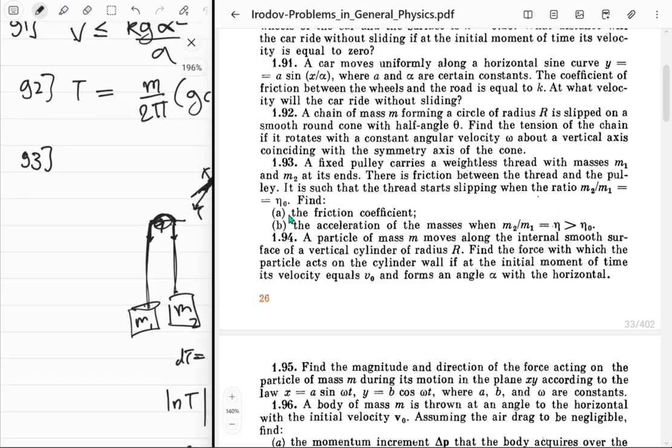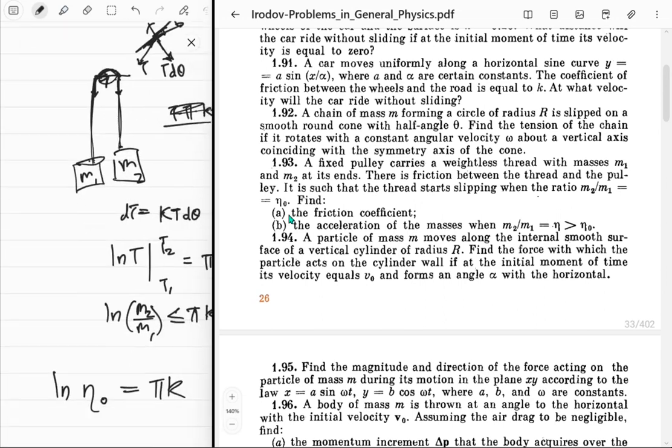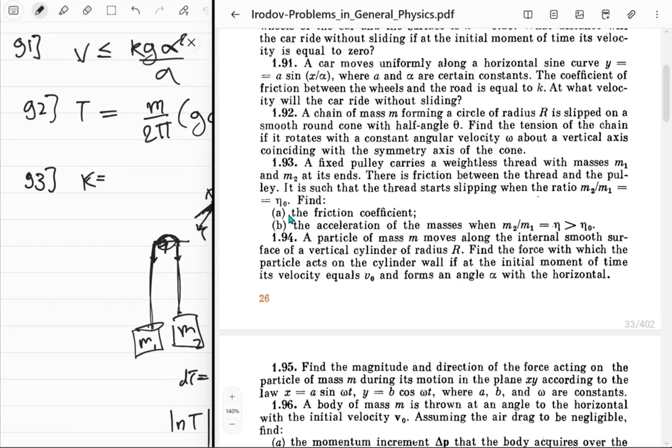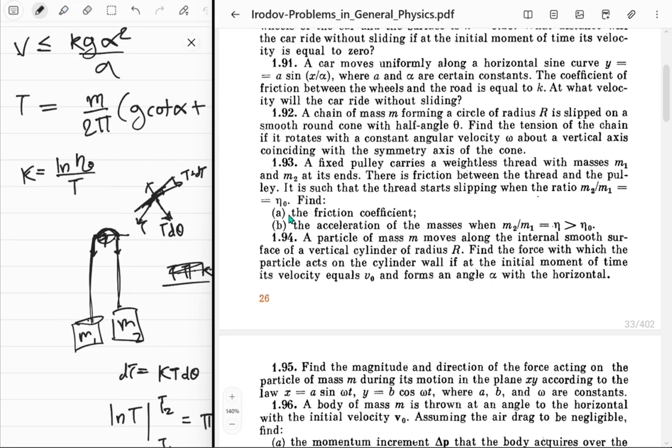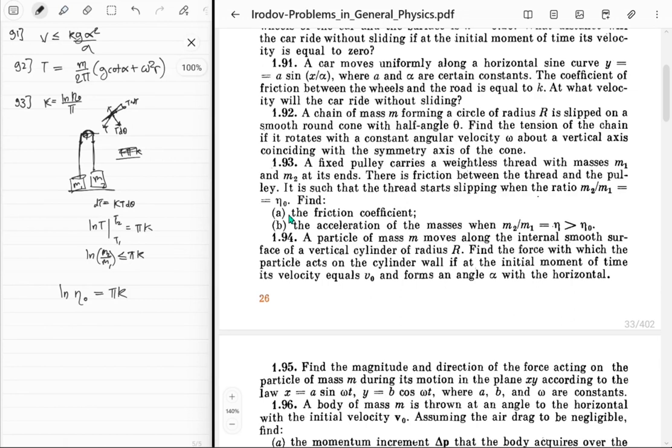So you have it. The friction coefficient is just k equal to the natural log of mu naught upon pi. Isn't this weird? These kinds of numbers, natural log functions, come out of nowhere from this problem. Why? Fine. You got this thing.